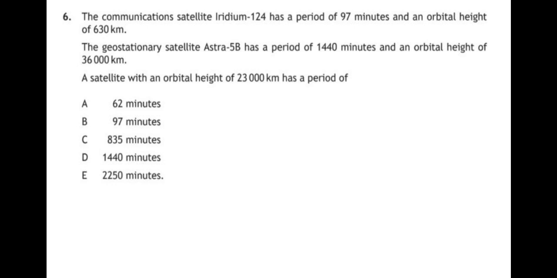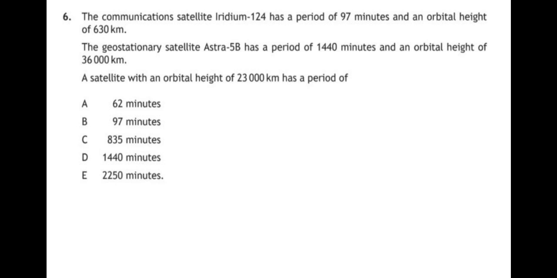So, in this situation, we need to notice that Iridium 124 is orbiting at a height of 630 kilometers, and the geostationary satellite is orbiting at a height of 36,000 kilometers. This third satellite that we're asked to discuss is orbiting at a height of 23,000 kilometers. That is a height in between Iridium 124 and Astra 5B.